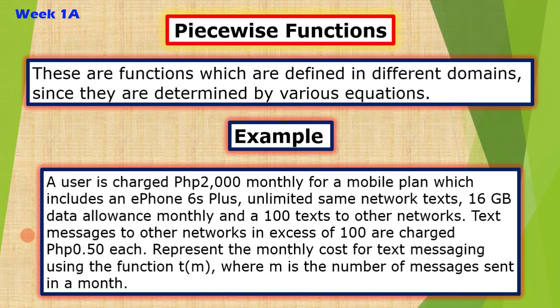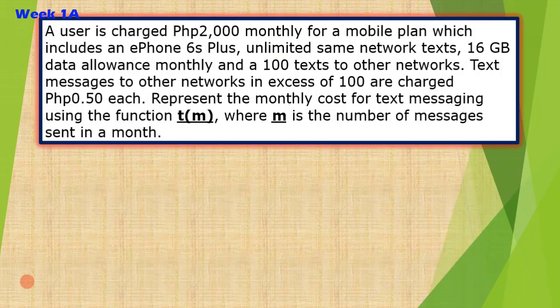Text messages to other networks in excess of 100 are charged 50 cents each text. Represent the monthly cost for text messaging using the function T of M, where M is the number of messages sent in a month to other networks.